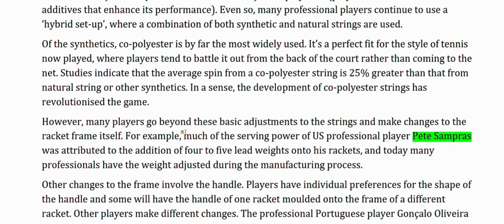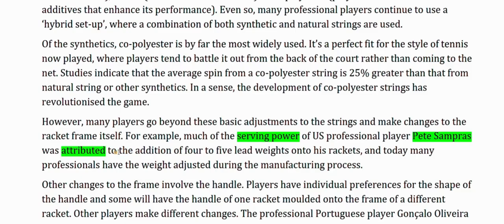However, many players go beyond this basic adjustment to the strings and make changes to the racket frame itself. For example, much of the serving power, so here it is written serving power, it just simply means strong serve, of US professional player Pete Sampras was attributed. So what was it referred to? Addition of 4 to 5 lead weights onto his racket.